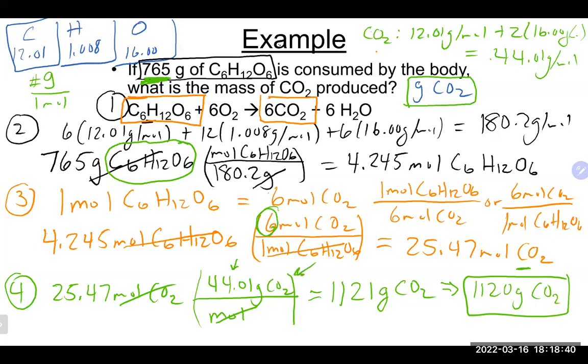A very common mistake people make is thinking, oh, it has a 6 in front of it in the equation, so when I go to the periodic table to calculate the molar mass, I should do it times 6. You never want to do that. No matter what the situation is, if you're calculating molar mass to use it as a conversion factor, it should just be based off the formula by itself, regardless if it's in an equation that's got a 20 in front of it or whatever it may be. You ignore that.